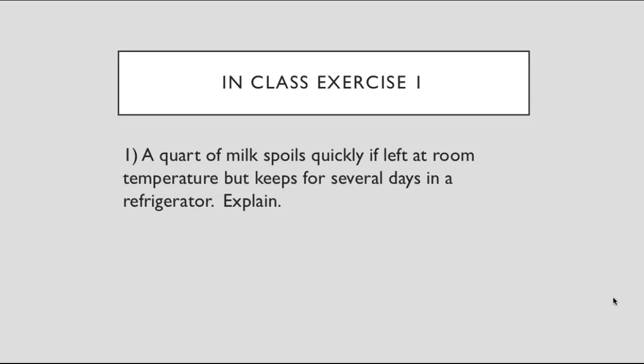Bacteria in the milk will make it spoil by reacting with things in the milk and producing byproducts that are not desirable. So if you put the milk in the refrigerator, you've lowered the temperature. Lowering the temperature then will slow down that reaction rate. So lowering the temperature decreases the rate of the reaction.